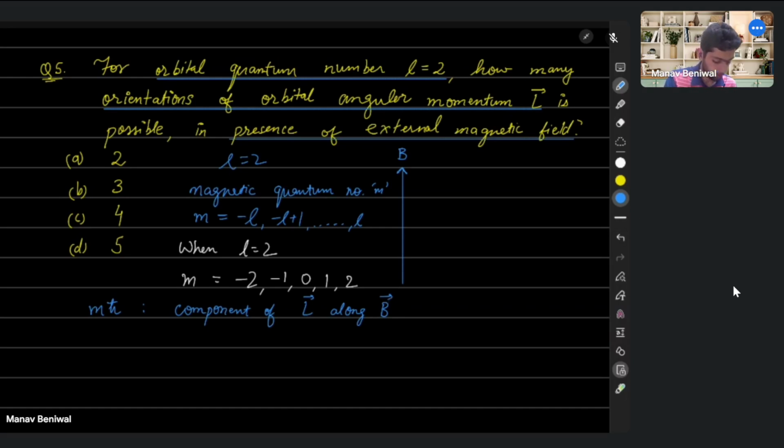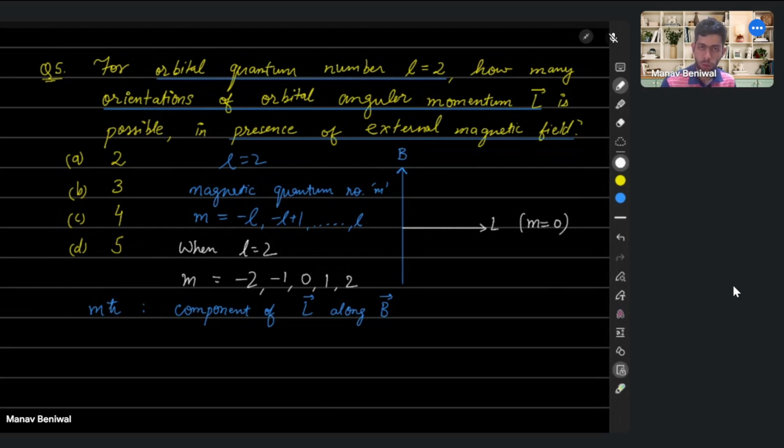So for example, when m is 0, it will not have any component along the applied magnetic field B. So our angular momentum will lie in this orientation. Okay, this corresponds to m is 0.